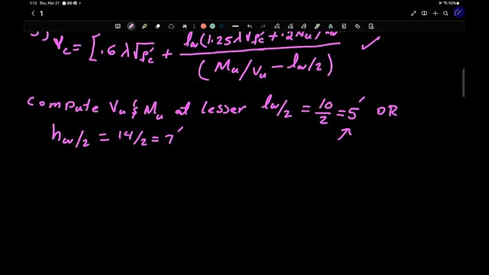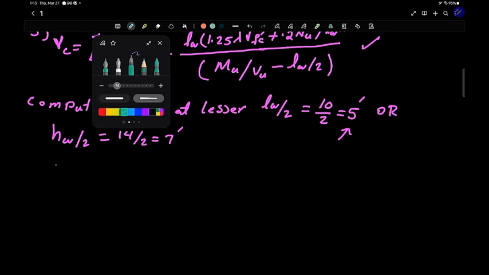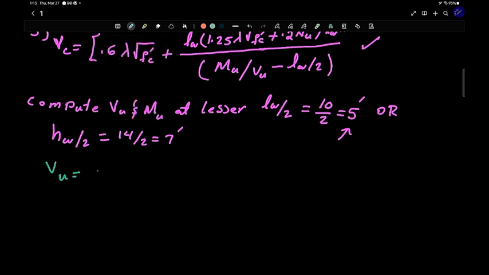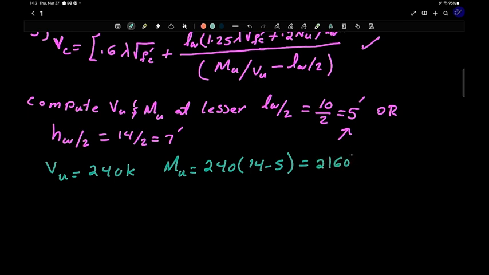And we're going to say our Vu, let me change color for good luck here. Our Vu was given as 240 kip, and our Mu is going to be 240 times 14 minus 5, so 5 feet away, and that's going to be 2160 foot kip.